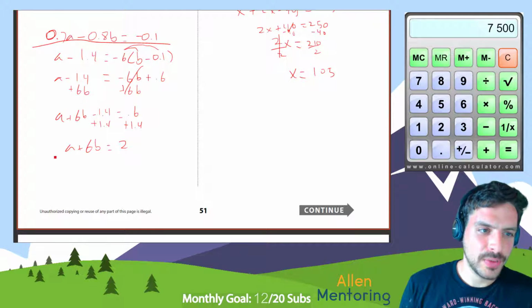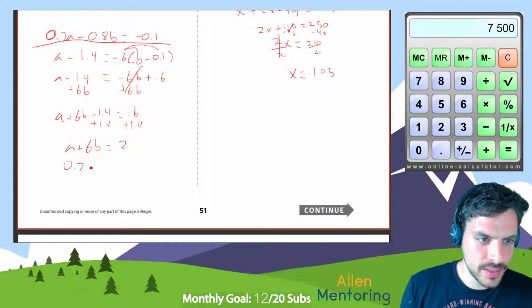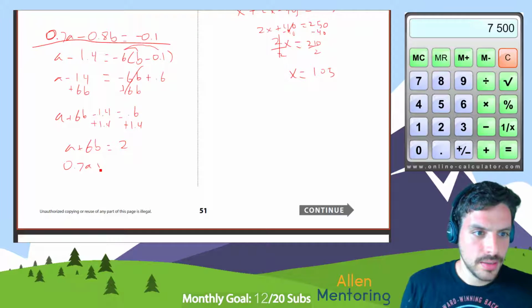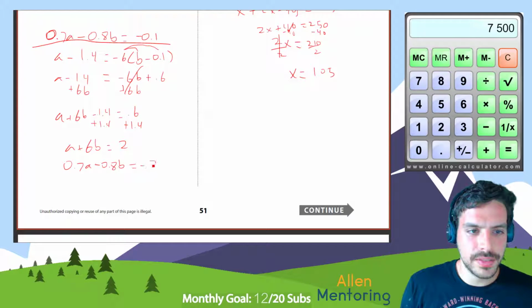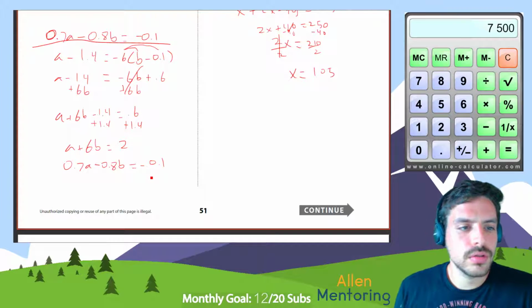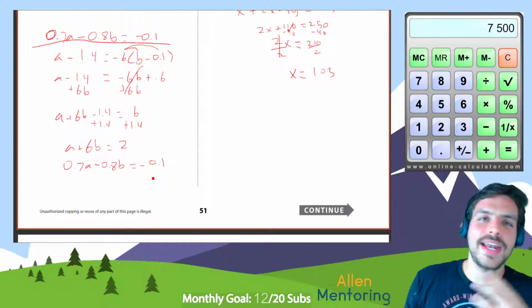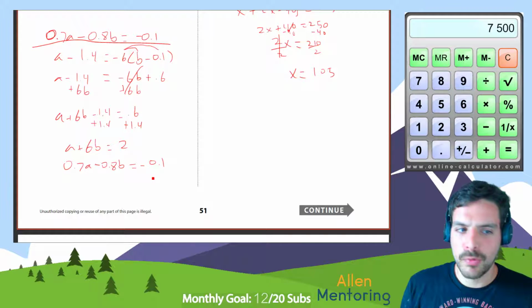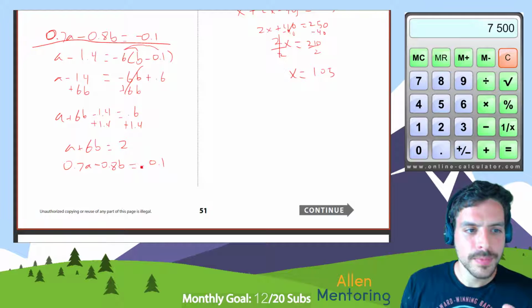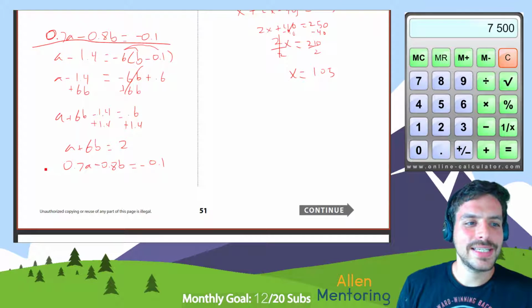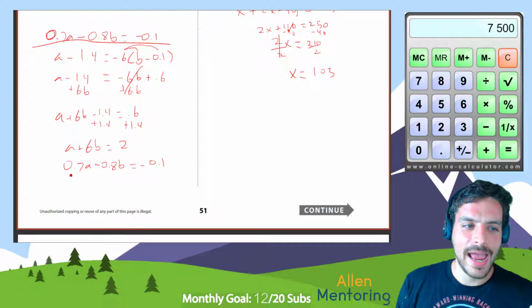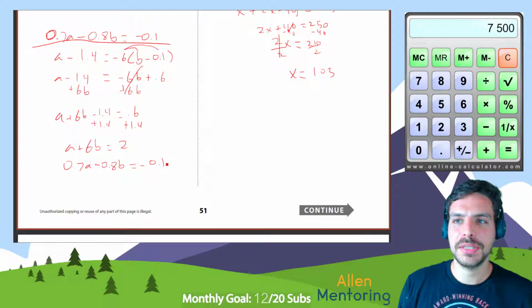Let's bring in that first equation. So 0.7a minus 0.8b is equal to negative 0.1. Again, you can deal with this just like any other system of equations problem, even though there's a decimal. But just to clean it up, and I want to teach you this technique, the easiest thing might be for us to multiply everything in this equation by 10.